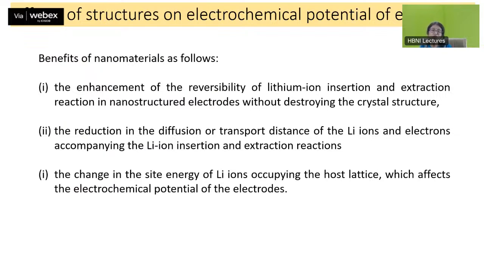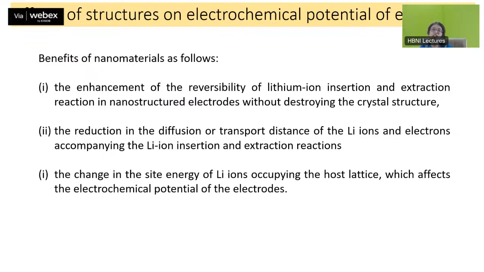Then the third benefit of nanomaterials is that there is a change in the site energy of the lithium ion which occupies the host lattice, and this affects the electrochemical potential of the electrodes. What do you mean by this site energy? Site energy is nothing but the enthalpy. The Gibbs free energy has to be as minimum as possible, and one of the major points which affects the Gibbs free energy is the site energy.